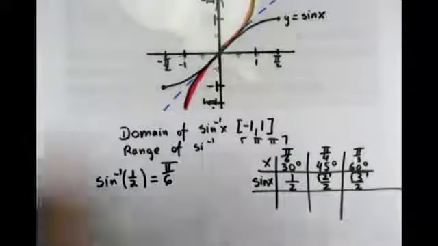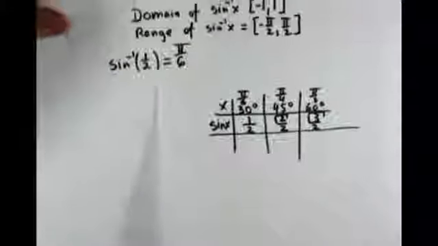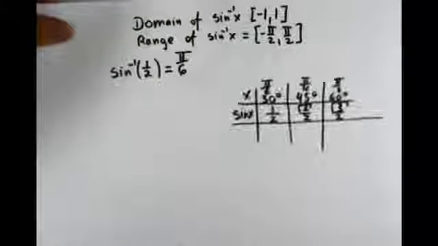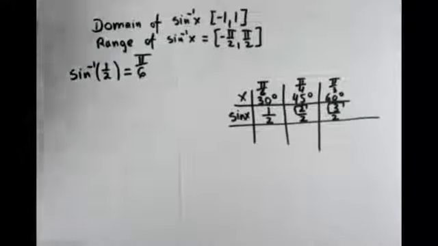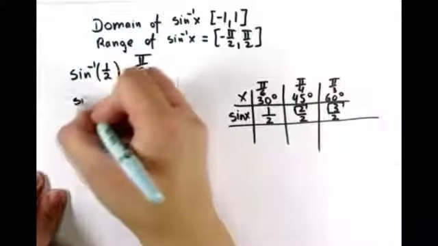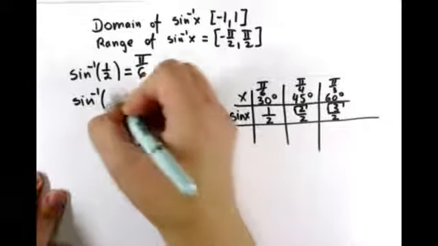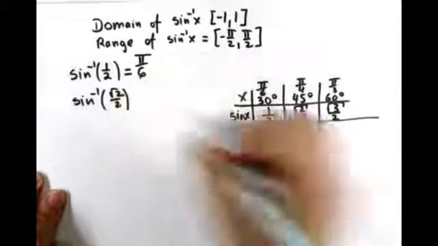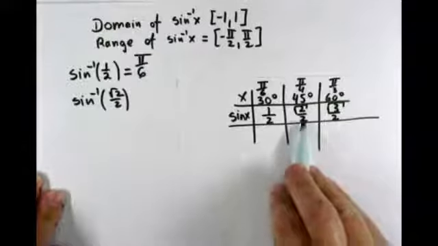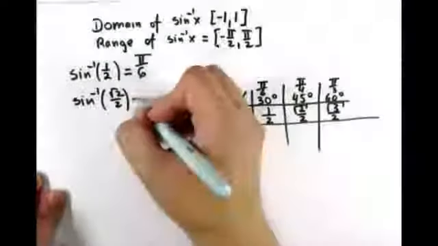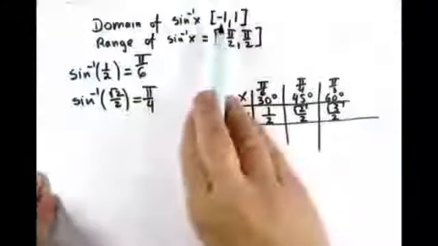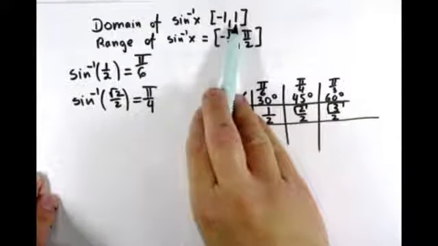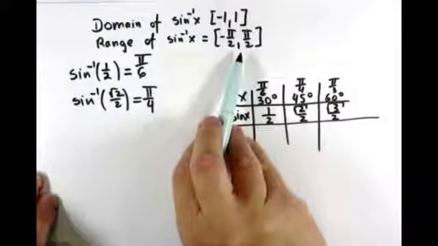Okay, and in a similar way, we have the other ones. Sine inverse of root 2 over 2. Root 2 over 2 for sine is pi over 4. So this one is pi over 4. We take the values of sine and we get from the domain.